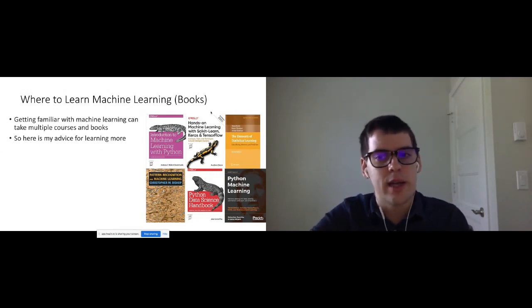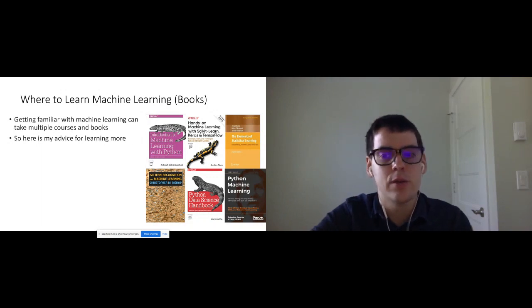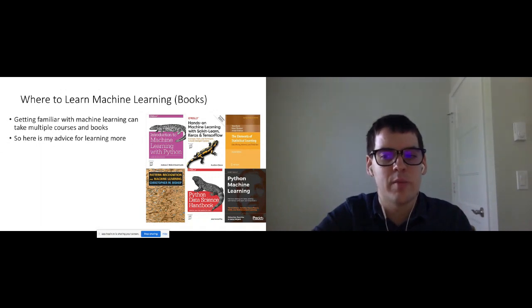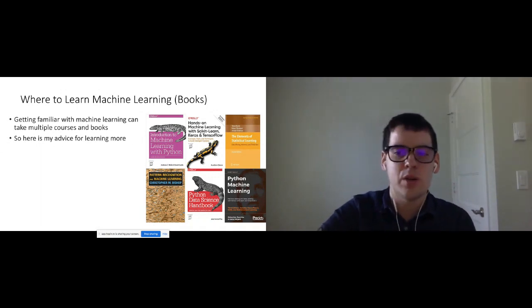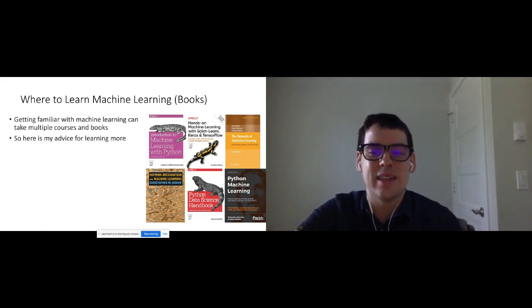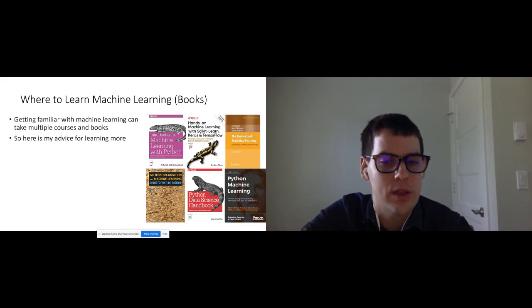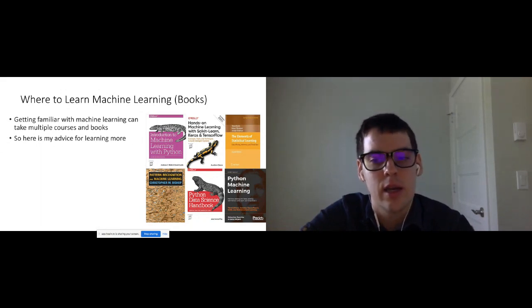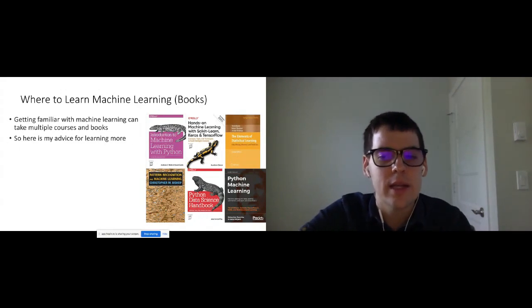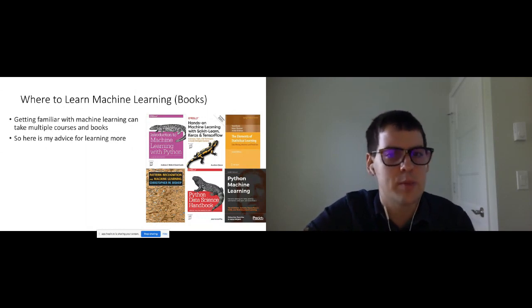I like Hands-On Machine Learning with Scikit-Learn, Keras, and TensorFlow, because I find it goes well together, as well as the Python Machine Learning book. I have this book right next to me at all times because I teach a lot. There are other books in case you want all the theory, like Pattern Recognition and Machine Learning, as well as Elements of Statistical Learning. This is more mathy. This is in R, from what I remember at least. It's been a while. And then the Python Data Science Handbook is something you can find online from Jake VanderPlas, and it's pretty simple.